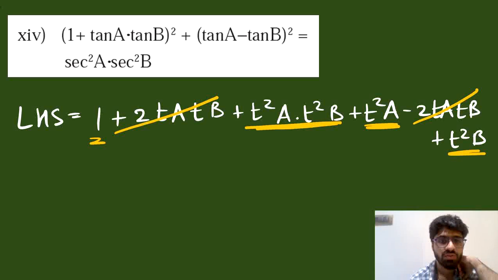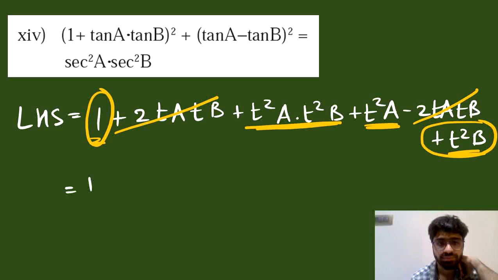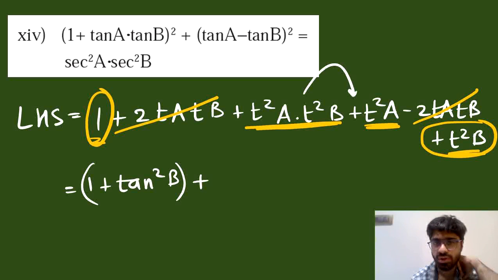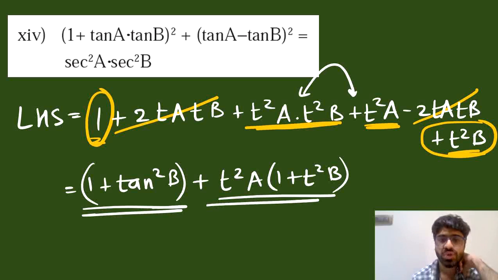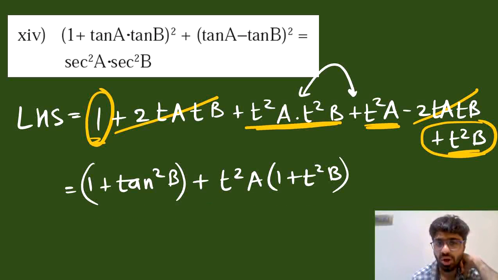is the other term. We will prefer to combine 1 and tan square b, that is we will write them together. So we have 1 plus tan square b, write it in one bracket, plus from the two terms here, pull out a tan square a common. So we have tan square a into 1 plus tan square b. Now there are two terms from which you can pull out 1 plus tan square b common.